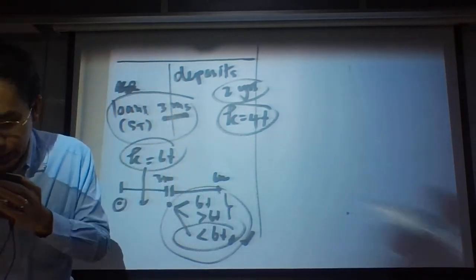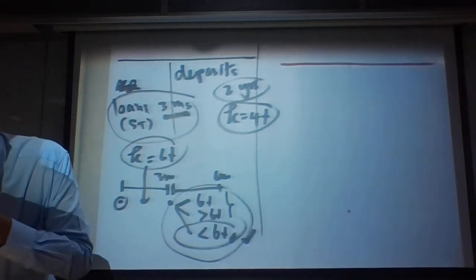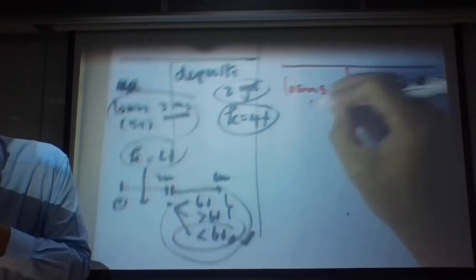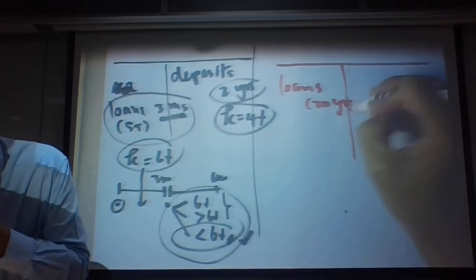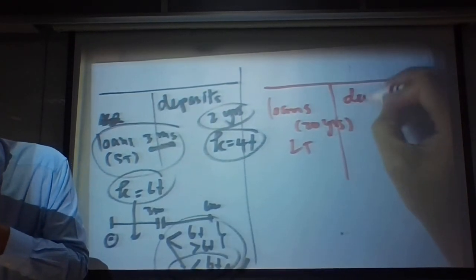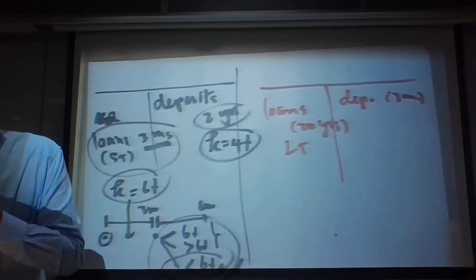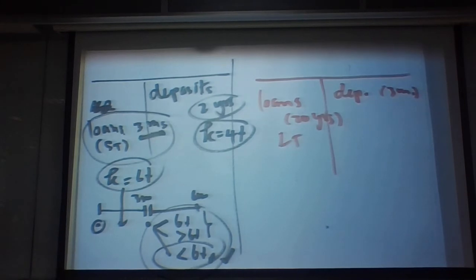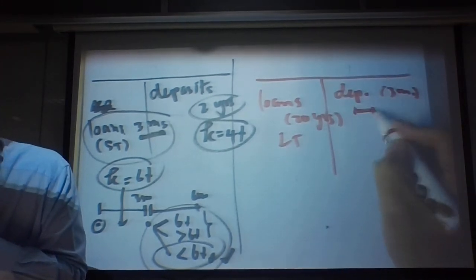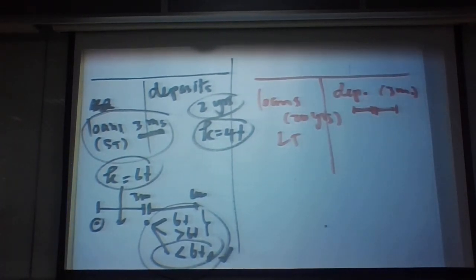I am going to use a situation where the loan is long, let's say 20 years. So basically long term, right? But the deposit, let's say 3 months. So now this is a problem because the bank needs to refinance the funds by renewing the deposits, right?